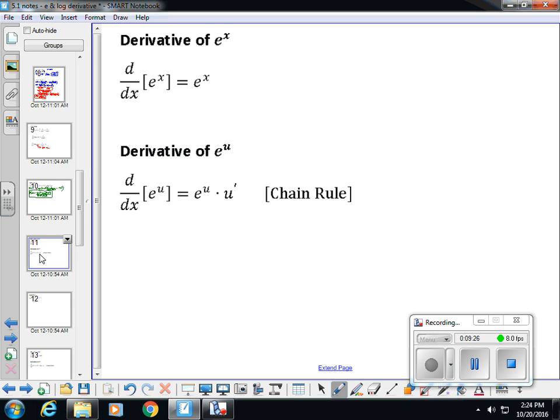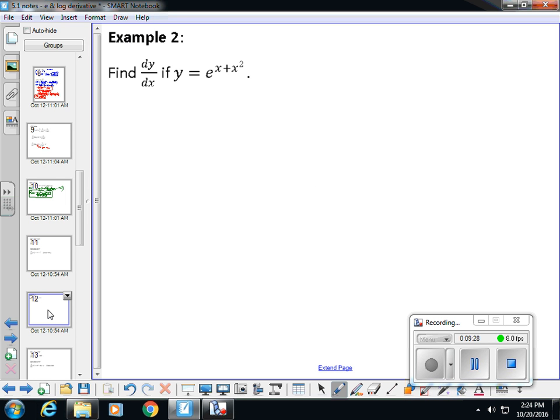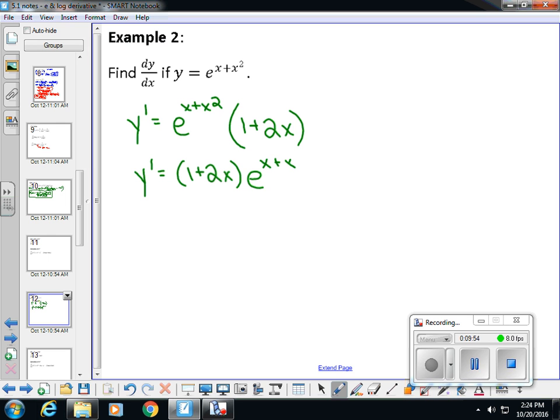So if I had y equals e to the x plus x squared, my derivative is the original rewritten times the derivative of the exponent, which is going to be 1 plus 2x. And really the only thing I probably would do would be write that 1 plus 2x in front. Okay.